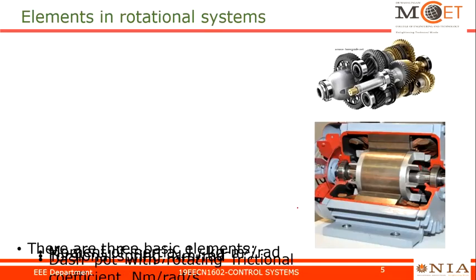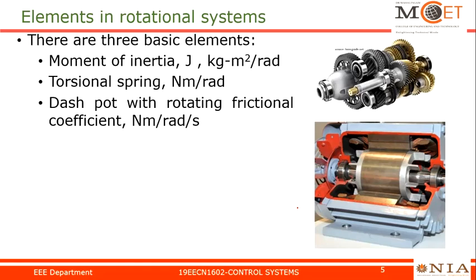Coming to the rotational systems, here again we have three basic elements, as in translational. Here the moment of inertia J is like M in translational. Mass in translational becomes moment of inertia in rotational. Spring K becomes K, but there it is a translational spring, here it is a torsional spring.